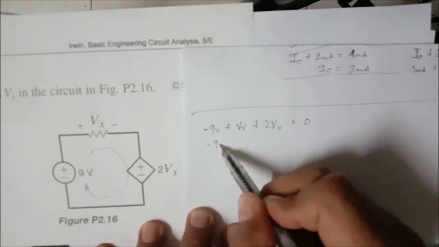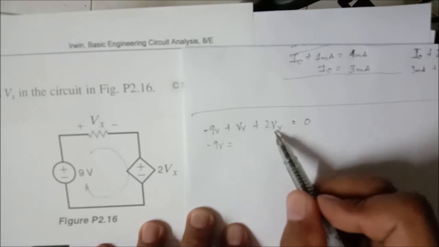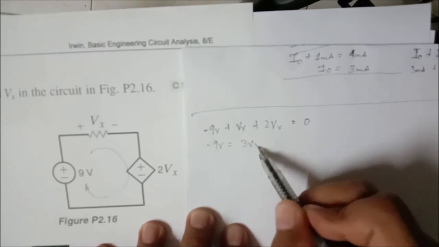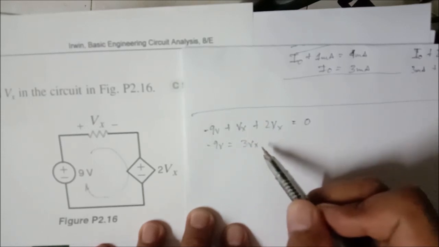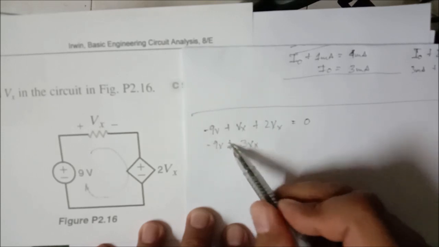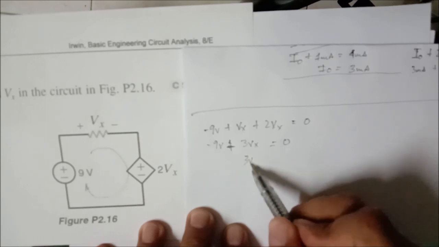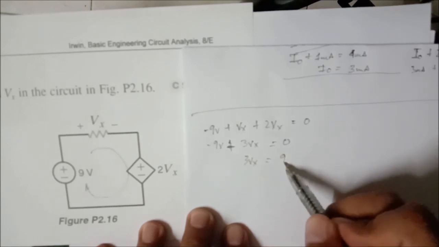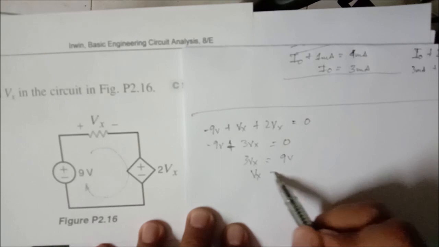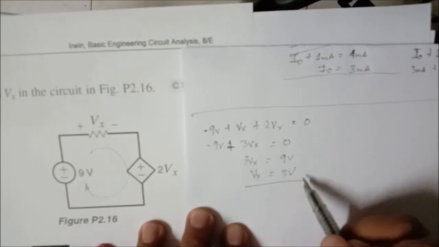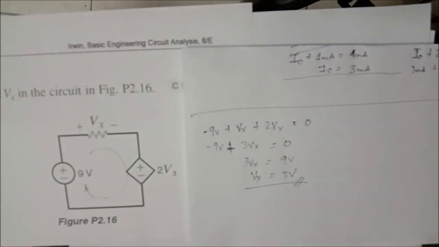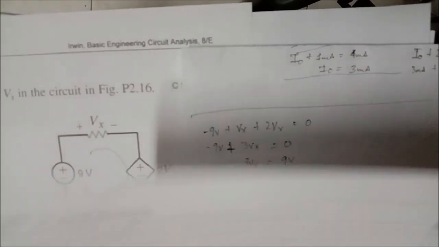So, negative 9 volts plus V sub X plus 2V sub X is equal to 3V sub X. Hindi pala, plus 9. Equal to 0. So, 3V sub X is equal to 9 volts. V sub X is equal to 3 volts. Napakadali. So, Kirchhoff's voltage law. Napakabilis. 2.17.